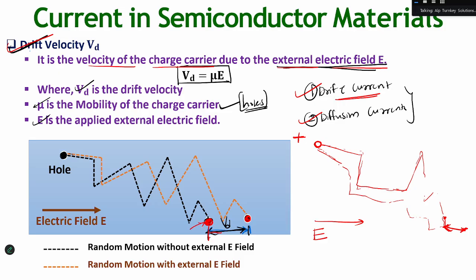It is given by Vd equals mu into E, where mu is the mobility of the charge carrier and E is the applied electric field.